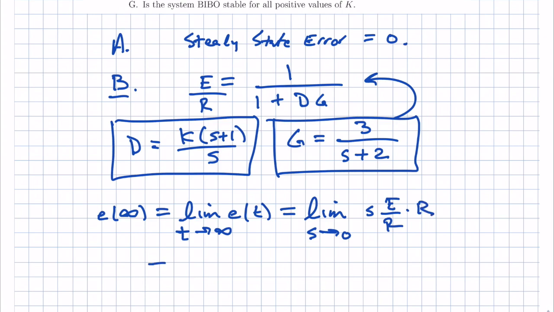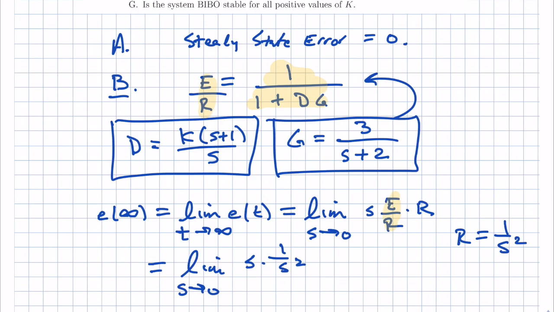Okay, so plugging everything in, we have limit as s goes to 0 of s, and then R for a ramp is 1 over s squared. This is a unit ramp, so we have 1 over s squared. And then we just write down the transfer function, which we've already determined to be this.